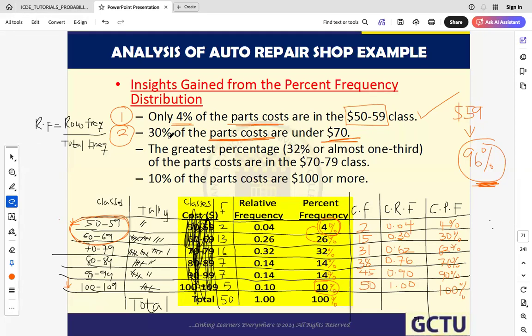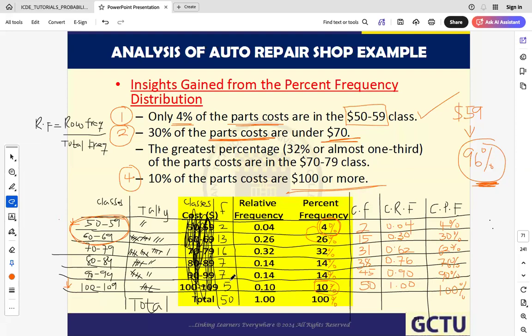That is another information. The fourth information is 10% of the spare parts cost are $100 or more. And that was where I jumped to. Indeed, when you look at the last line, the cost here is 100 to 109.